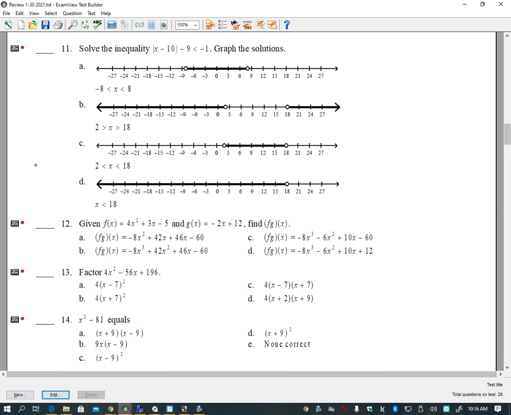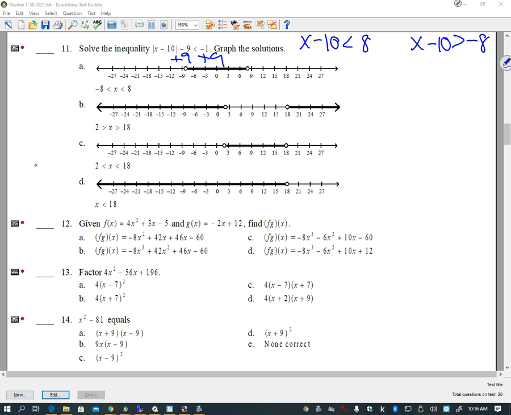Solve the inequality. Notice that this inequality has absolute value, so how many solutions am I going to get? 2. What do I have to do before I can solve an absolute value? Isolate the absolute value. How do I isolate this absolute value? Add 9. So I've got x minus 10 is less than 8, and x minus 10 is greater than negative 8.